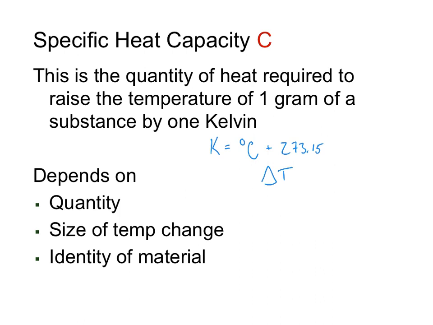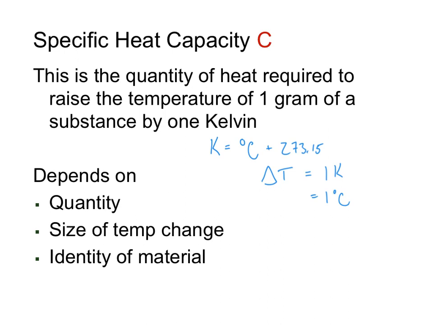Since Kelvin is just equal to our degrees Celsius plus 273.15, a delta T of 1 Kelvin is also equal to 1 degree Celsius. And for that reason, since those changes are equal, you will quite often see Kelvin and degrees Celsius used interchangeably when discussing these energy terms.